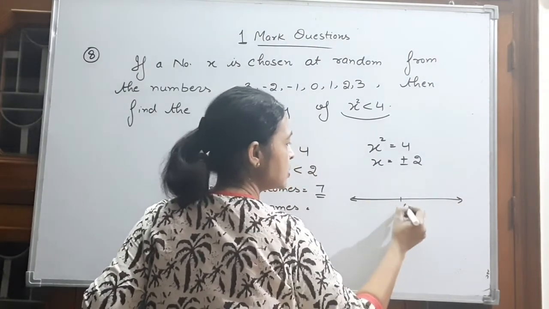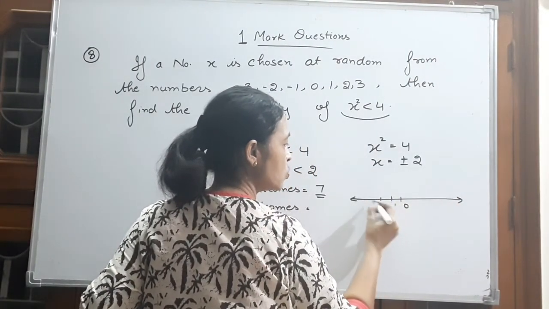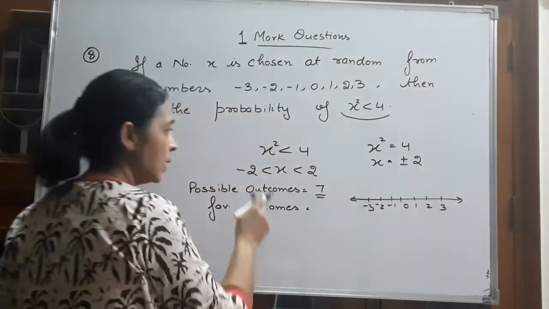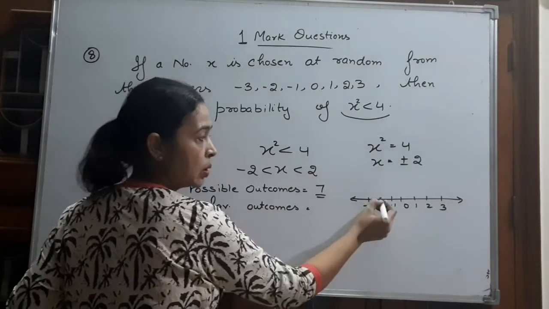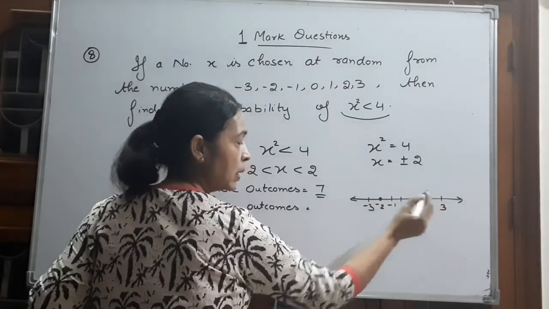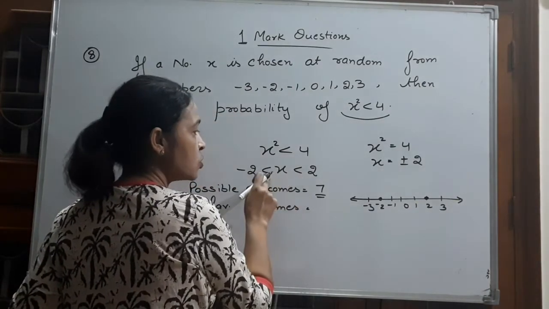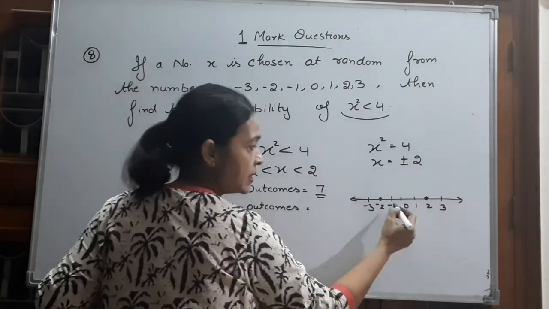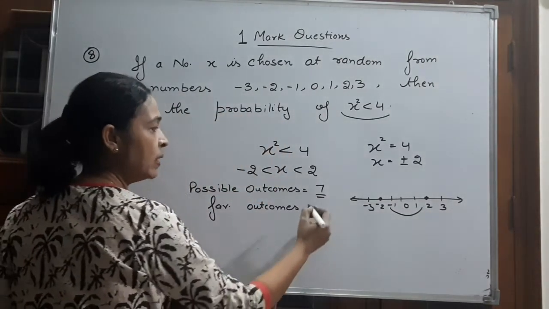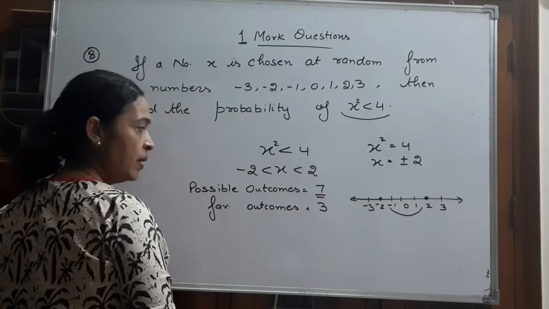It is our number line: 0, -1, -2, -3, 1, 2 and 3. Number greater than -2, here it is -2, and less than 2. Greater than -2 and less than 2 means the numbers can be either -1 or 0 or 1. Favorable outcomes will be 3.